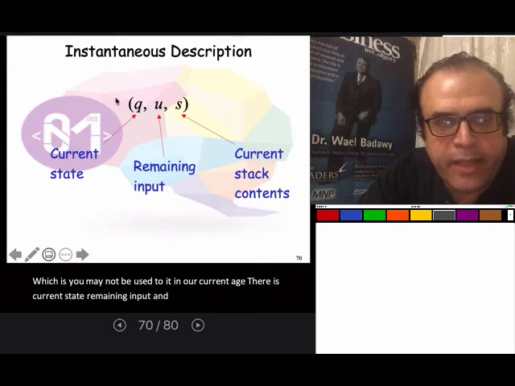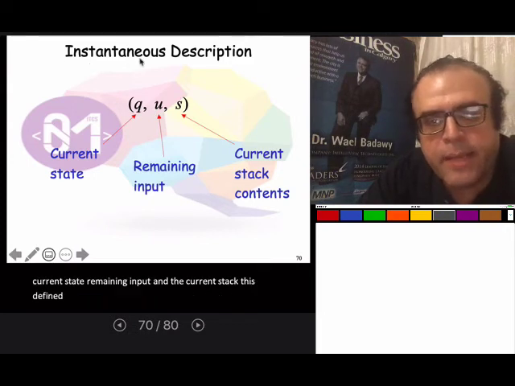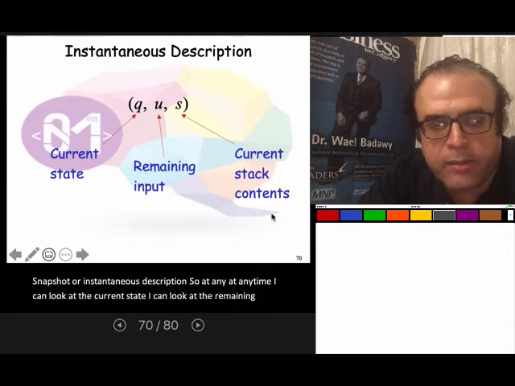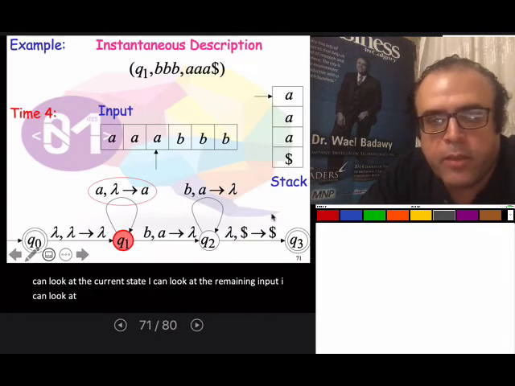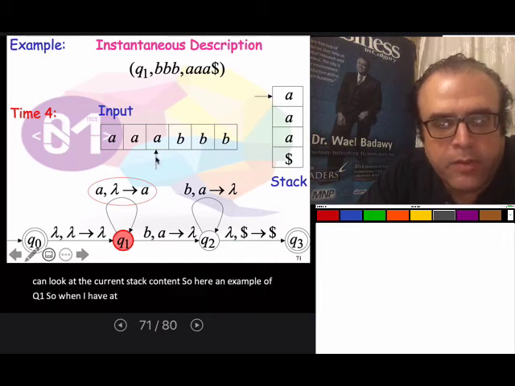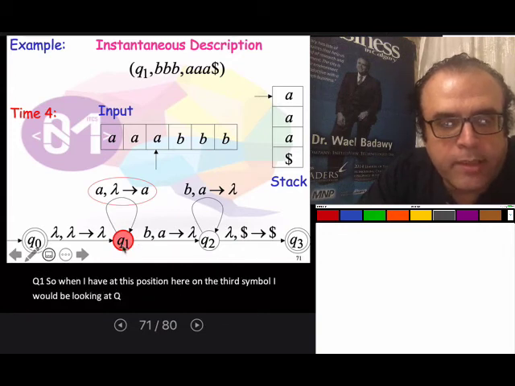This is defined as a snapshot or instantaneous description. So at any time I can look at the current state, the remaining input, and the current stack content. Here is an example of q1. When I am at this position on the third symbol, I will be looking at q1. So q1 is the current state.